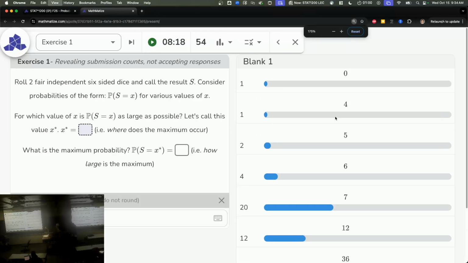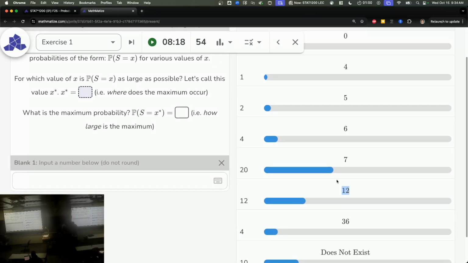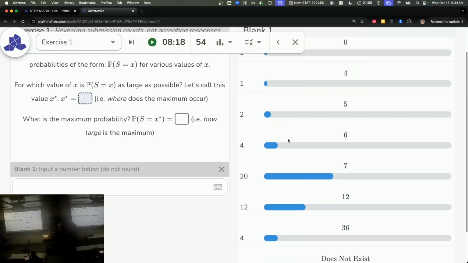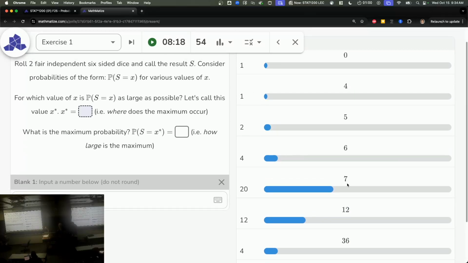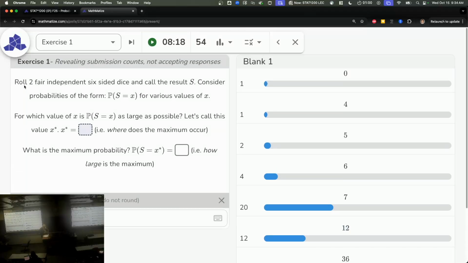Okay. So 0, 4, 5, 6, 7, 12, 36. So you get a nice little tower here going up to 7 and then down. The correct answer is 7. So the plurality of people got it right. If you said 12, you have misunderstood the question. 12 is the largest value that 2 dice could be.